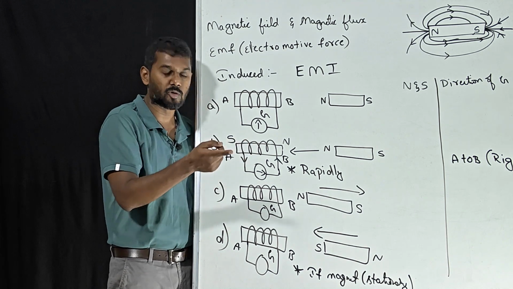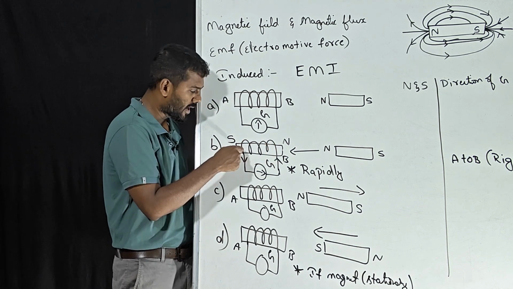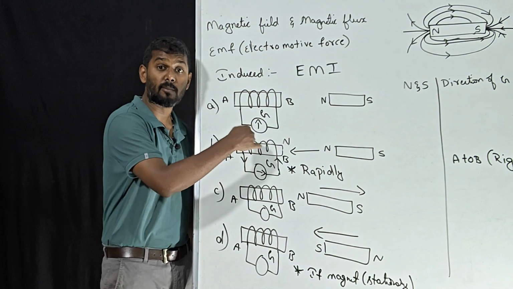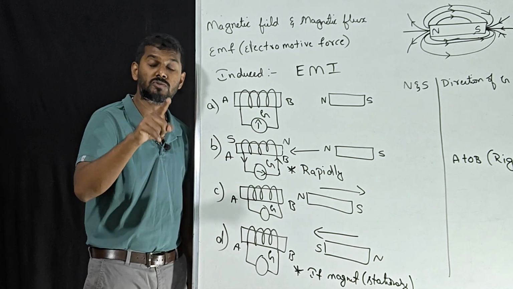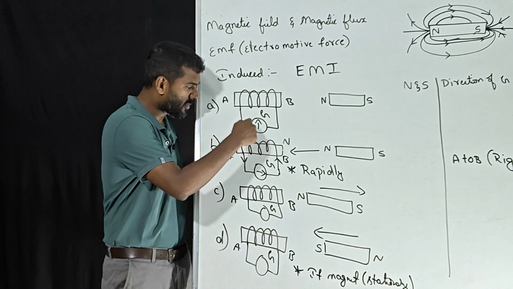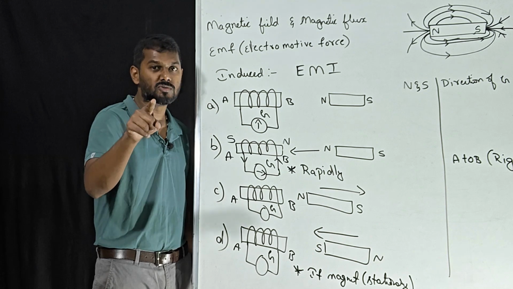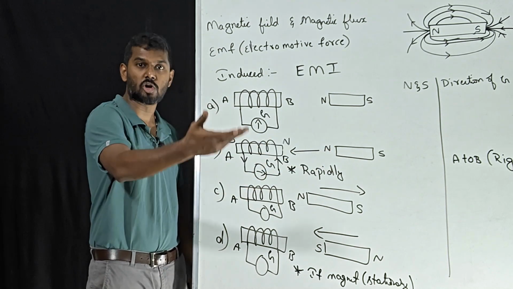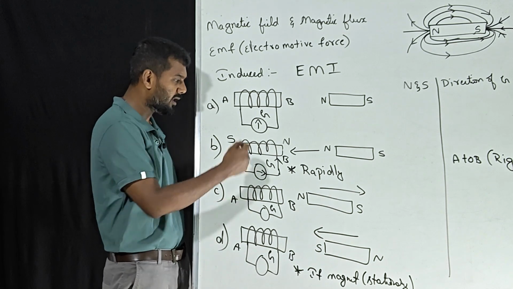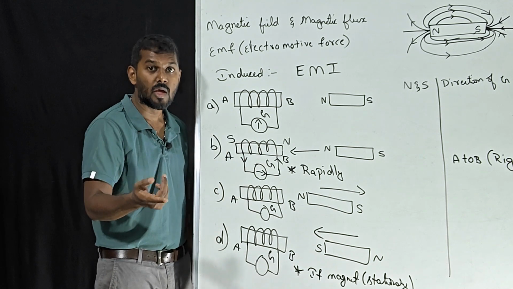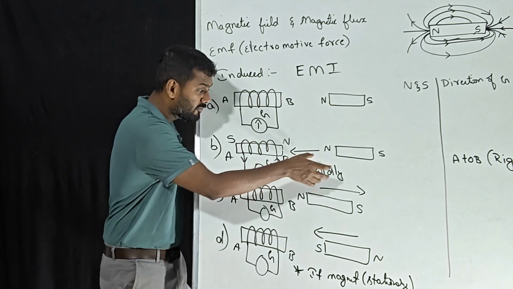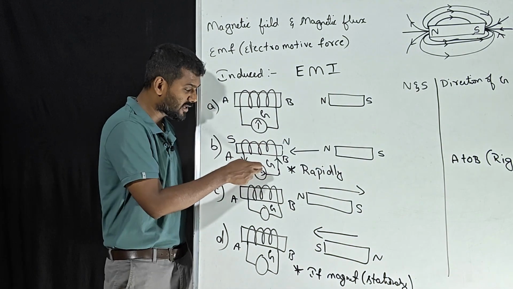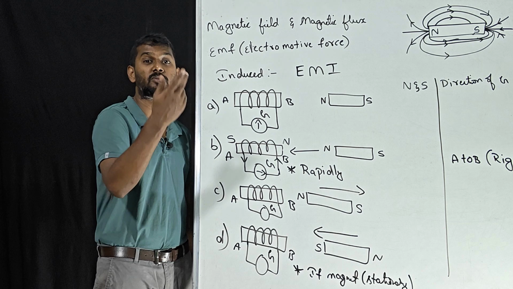So how much current is produced depends upon many things: the number of turns of the coil. If the number of turns is more, current produced will be more. If we use a much stronger magnet instead of this magnet, again the current produced will be more. If it moves rapidly, the current produced will also be more.